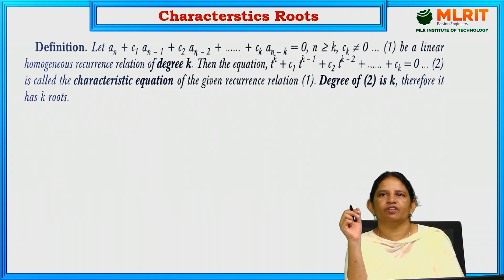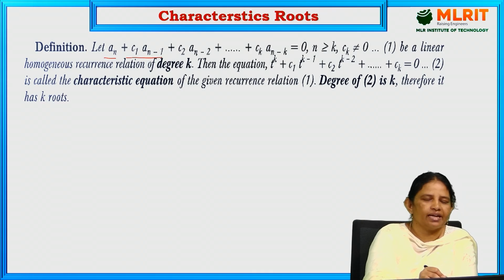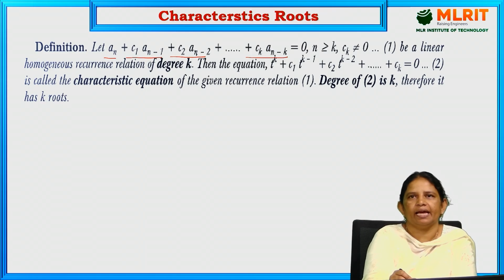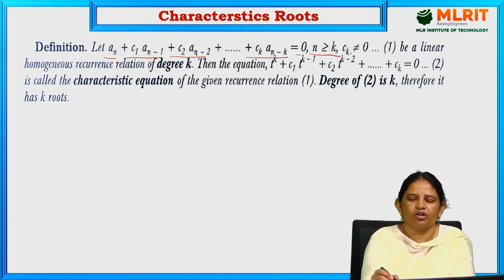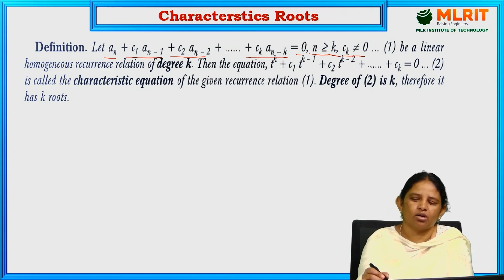So what is the definition of recurrence relation? Let an plus c1 an minus 1 plus c2 an minus 2 and so on ck an minus k is equal to 0, where n greater than or equal to k, ck not equal to 0. So what is ck? Ck means the characteristic root that is not equal to 0.